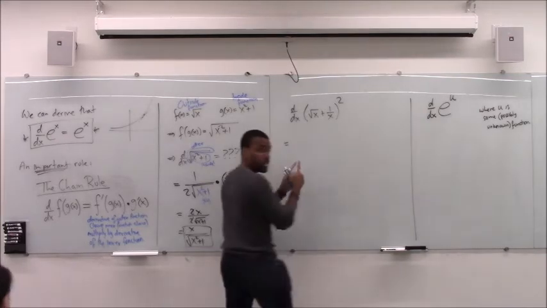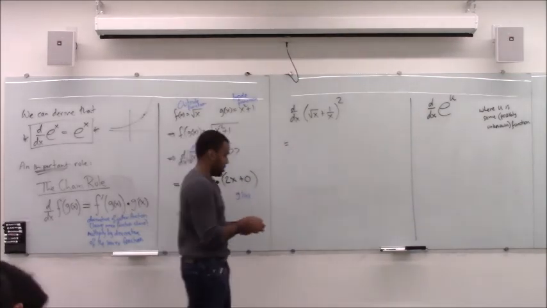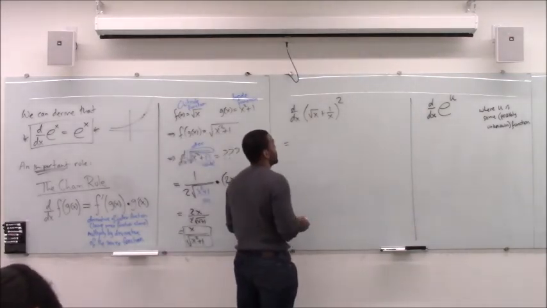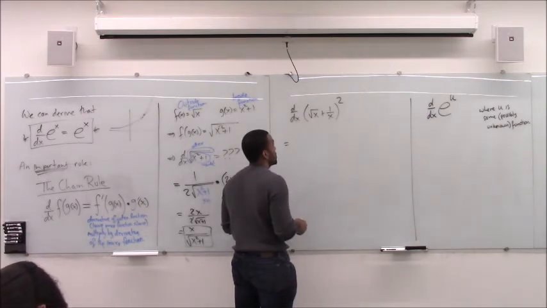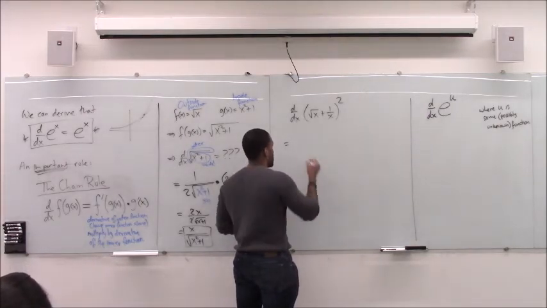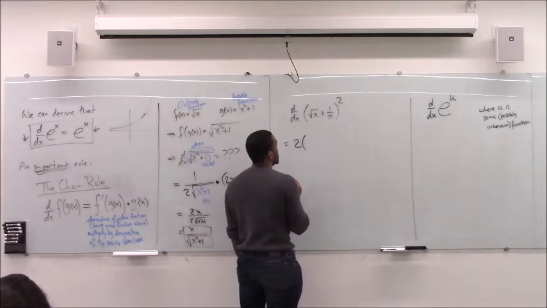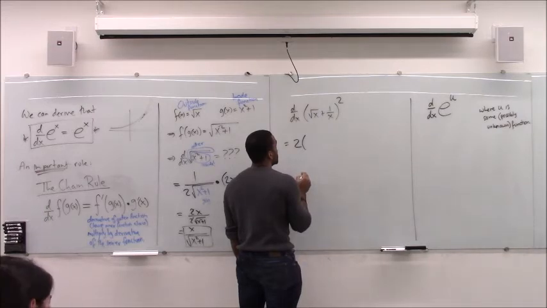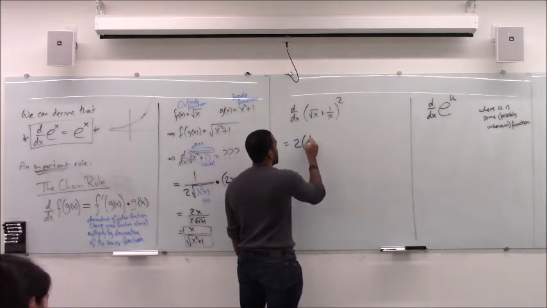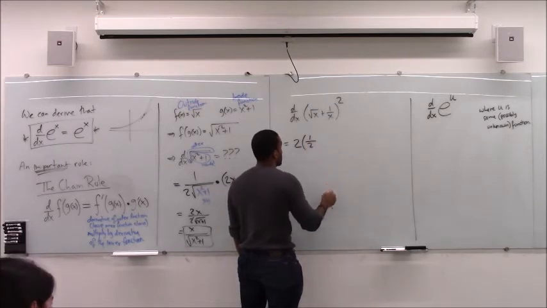Do you have an idea here? An answer? Yeah, negative, what do you think? Yeah, 2 times x, 1 over 2 powers of x. Well, then x to the half power, I guess.